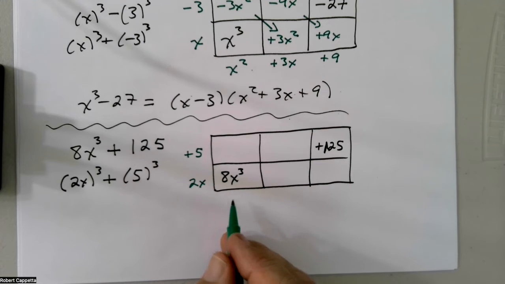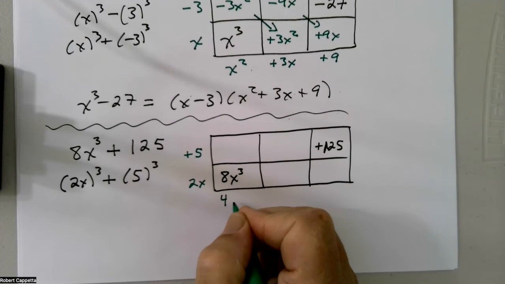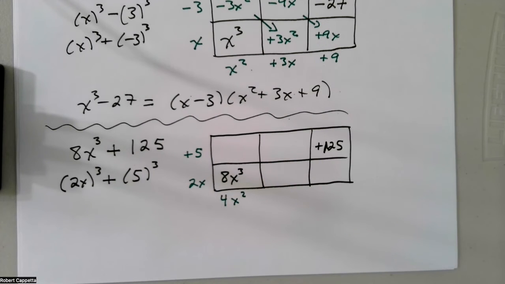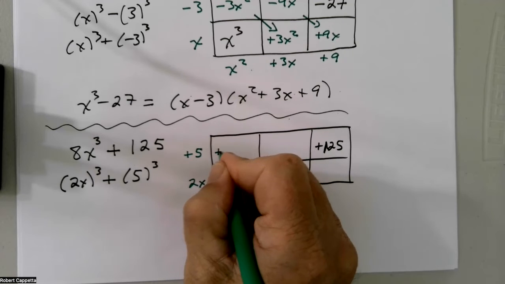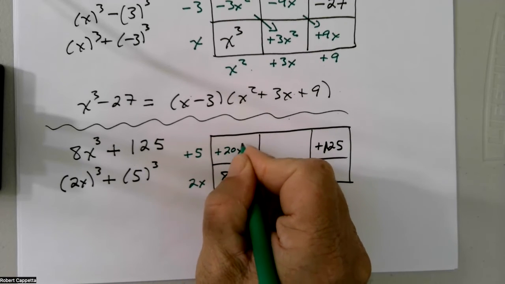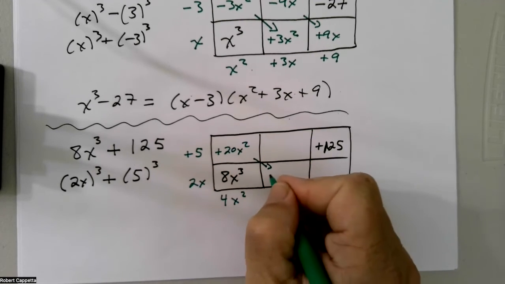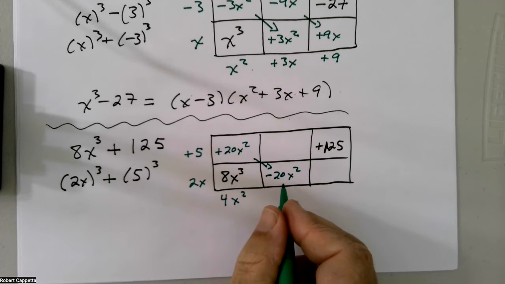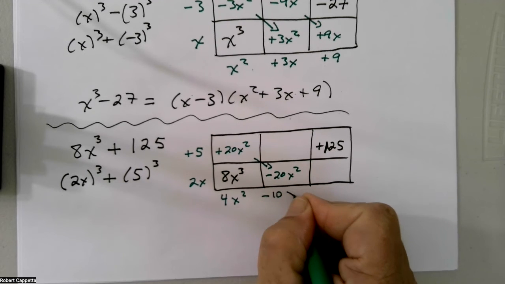2x times something is 8x cubed. 2 times 4 is 8. X times x squared is x cubed. 5 times 4x squared is plus 20x squared. I need that to subtract out. That'll be negative 20x squared. 2 times what is negative 20? How about 2 times negative 10? X times what is x squared?